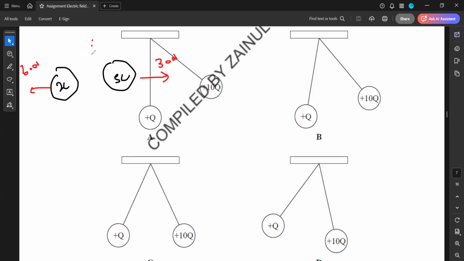But the displacement from the mean position depends on their masses. If the mass is the same, like if this is 1 kg and this is also 1 kg, their displacement from the mean position will also be the same. Is it clear? That is the discussion of why C is the right answer.